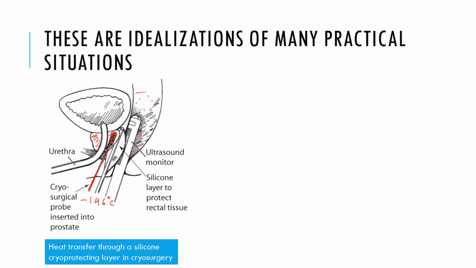So one idea suggested years ago by Professor John Bischoff of the University of Minnesota in his paper is to put a layer of silicone insulator in between the tissue that you're freezing and the good tissue.